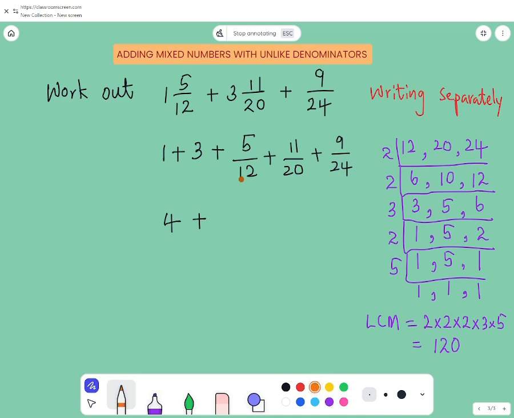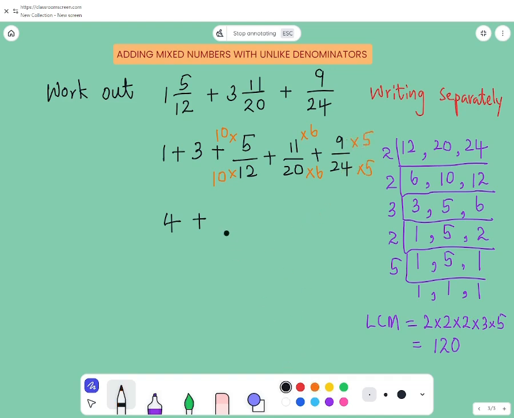So you have to change all these denominators to 120. So first denominator 12. 12 times 10. Then 20 times 6. 24 times 5. How do you take 24 times 5? You can see here 2 times 2 times 2, that is 8. 8 times 3, 24. 24 times 5. Then it's also multiplied by 5.